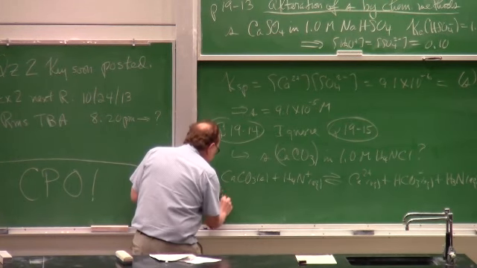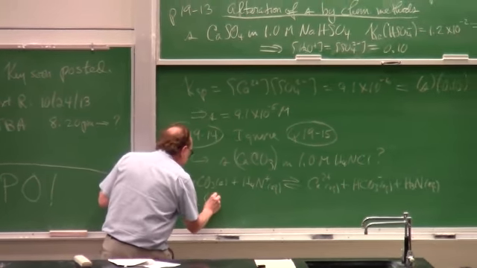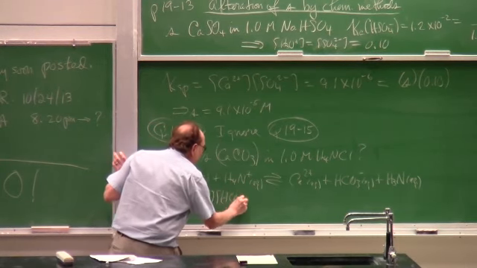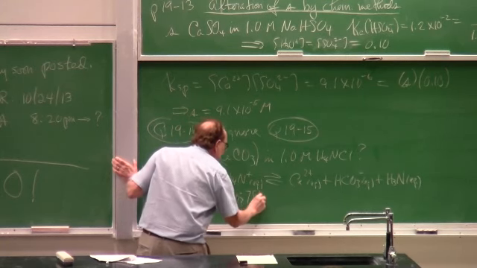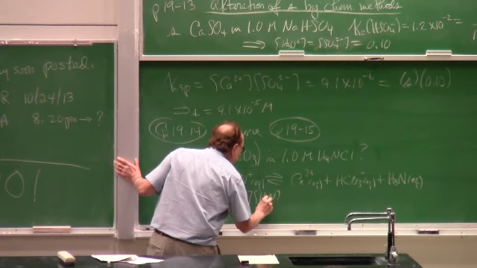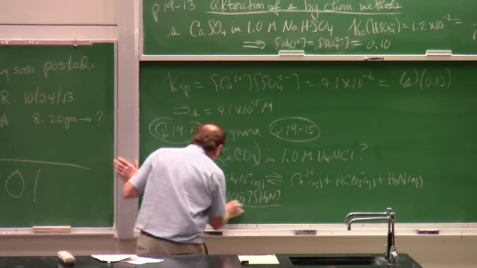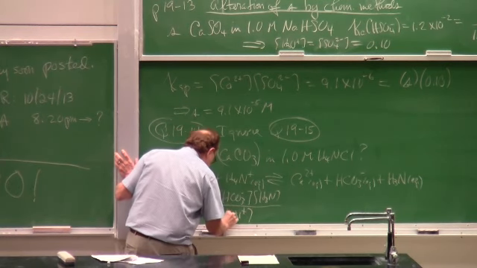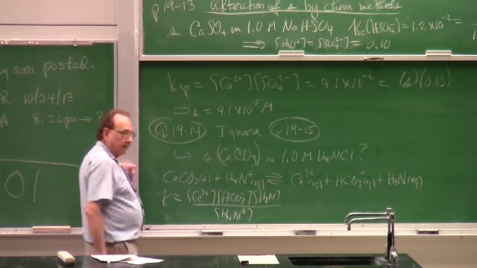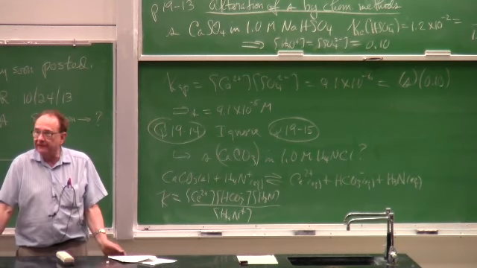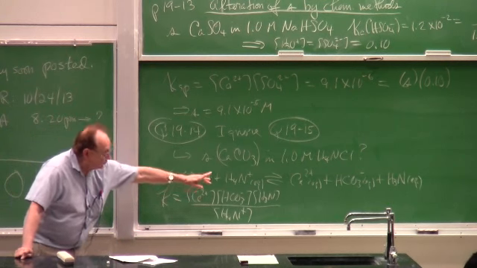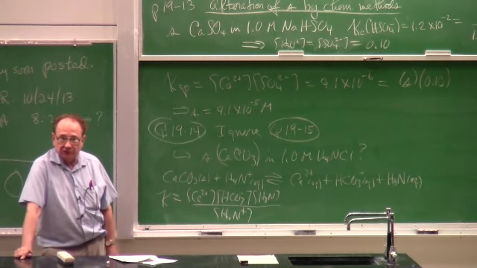Well, if I'm going to do calculations on this, I need K. So I'll write K: calcium ion molarity times bicarb molarity times H3N molarity divided by H4N plus molarity. And then I will go about the business of evaluating K by recognizing the fundamental Ks of which this equilibrium system is composed.